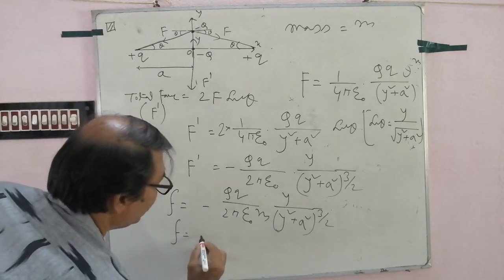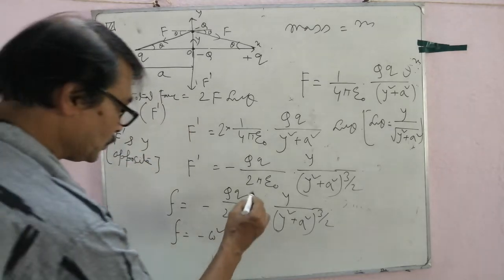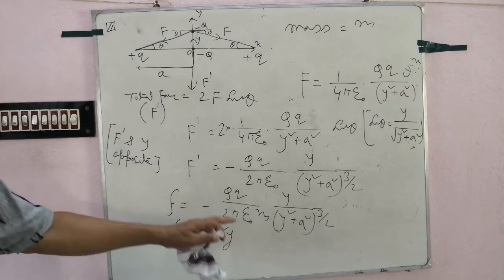Next line, a equal to minus omega square y. Clear? This is the equation of a simple harmonic motion.